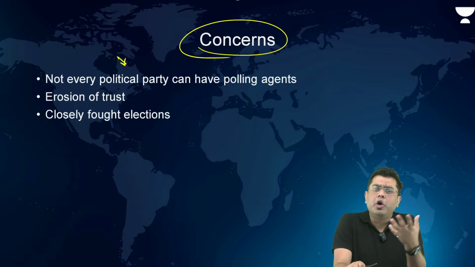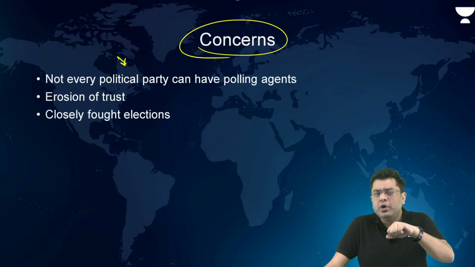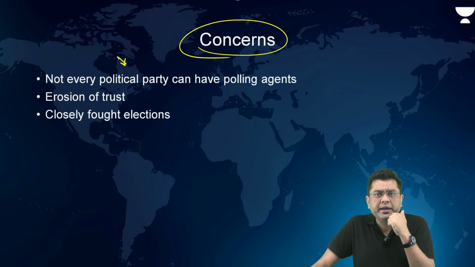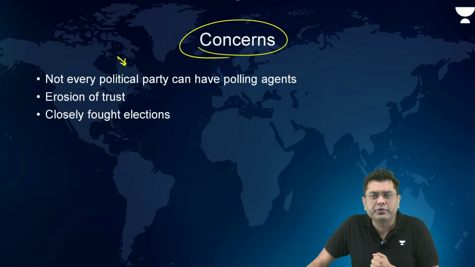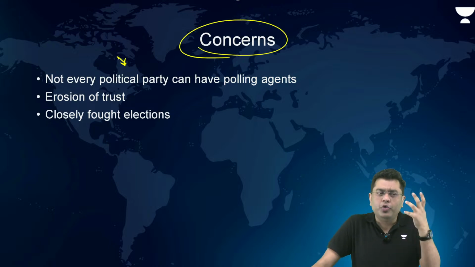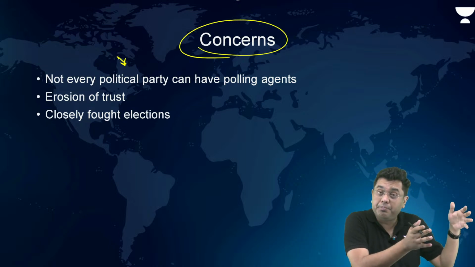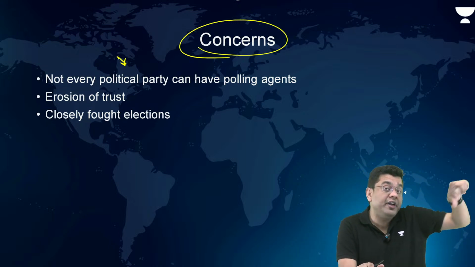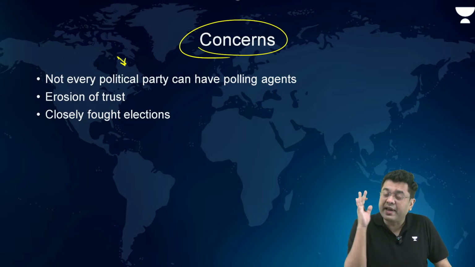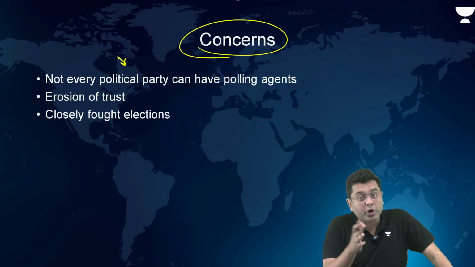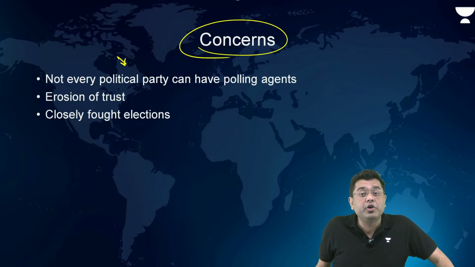But what if tomorrow, let's suppose a couple of you decide to have a political party, right? You will have limited resources. Obviously, you won't have the wherewithal or the capability to deploy polling agents in all the various polling booths. You will be handicapped in terms of resources. So then that means your political party doesn't get that data at all.